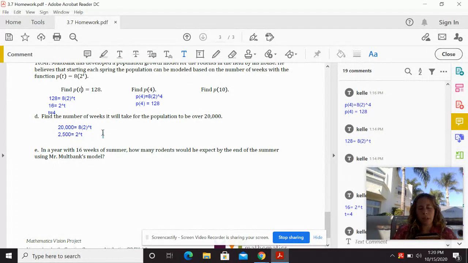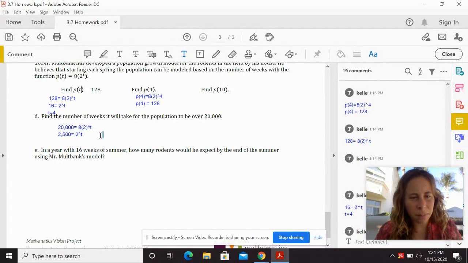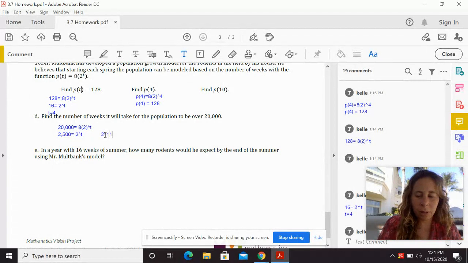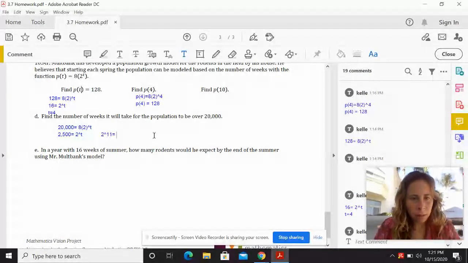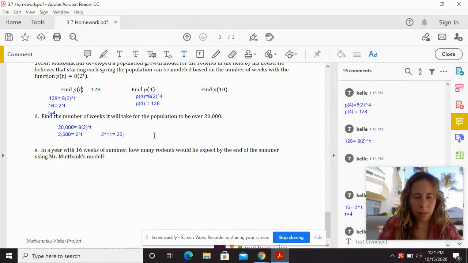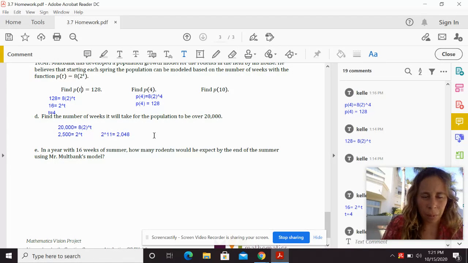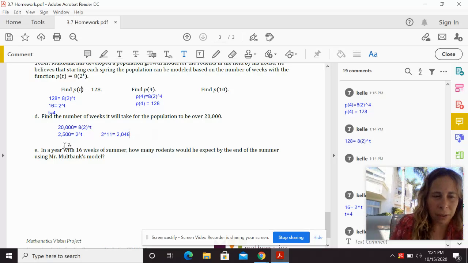Oh, I must have written down too many 2s. So 2 raised to the 11th power was 2,048. This is a terrible problem to give you, because we haven't learned how to actually solve these yet.